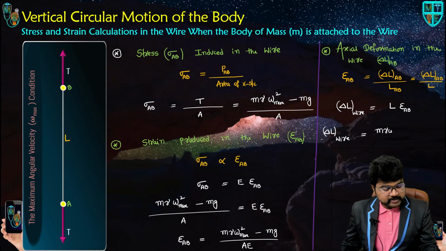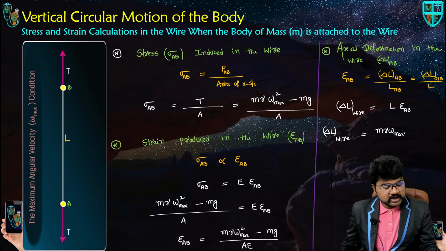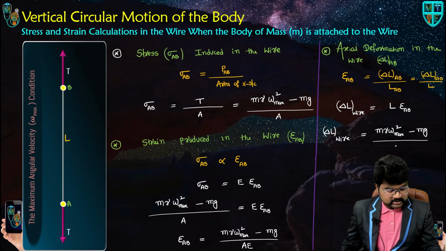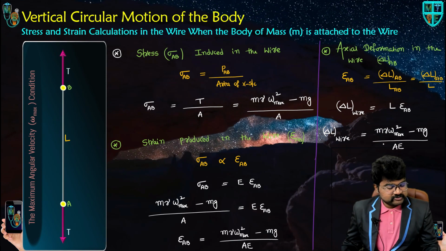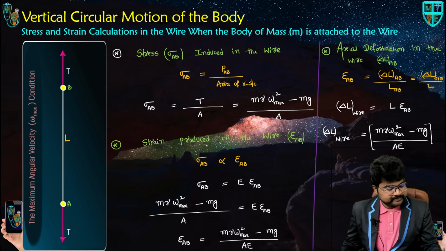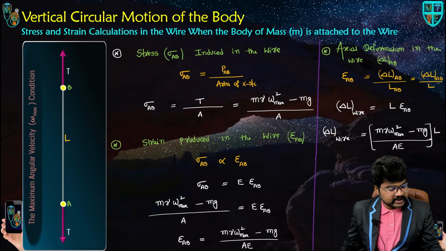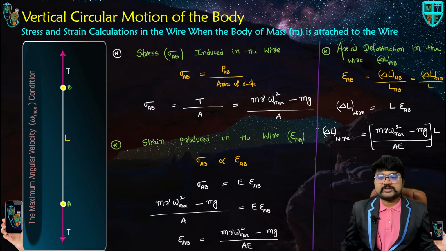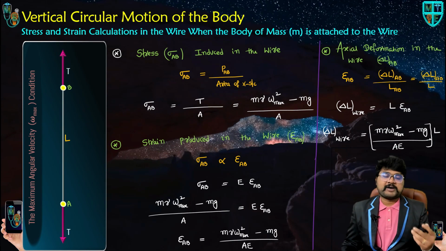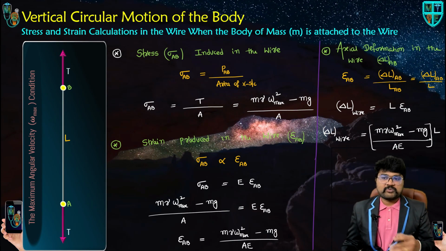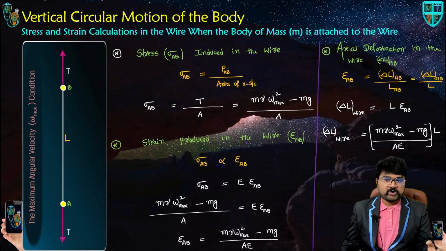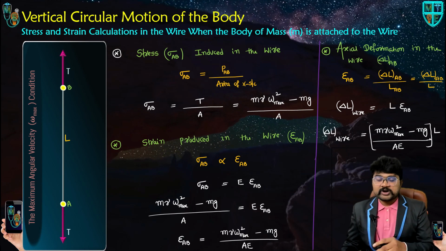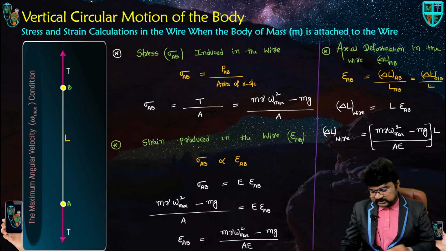Finally, delta L, axial deformation in the wire, equals (mr omega maximum squared minus mg) by AE, where AE refers to axial rigidity of the wire, into length of the wire. In this manner, we can calculate axial deformation in the wire when the body of mass M is attached to the wire and the wire is in vertical circular motion, at the maximum angular velocity condition and the body is at the top of the circular path.